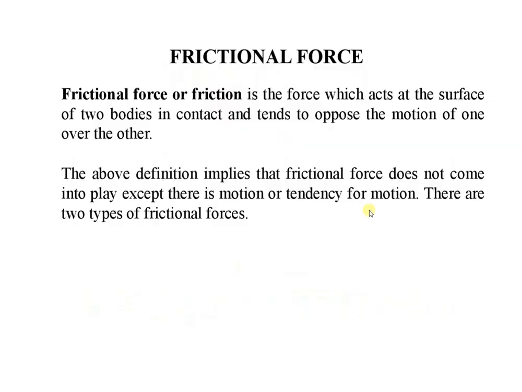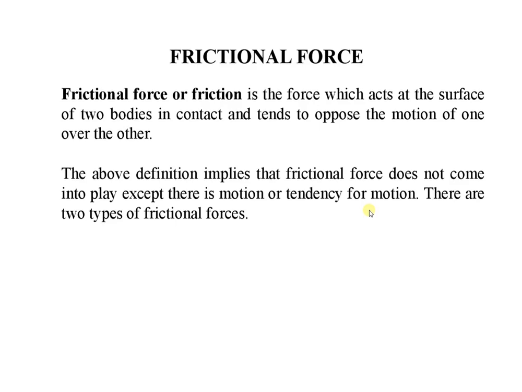Today we'll be talking about frictional force. Frictional force, or friction for simple, is the force that acts on the surface of separation of two bodies in contact and tends to oppose the motion of one of the bodies over the other.